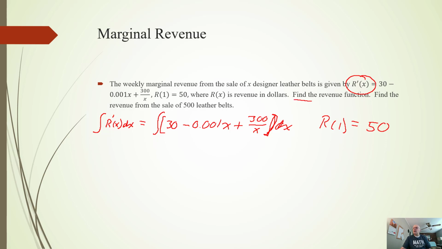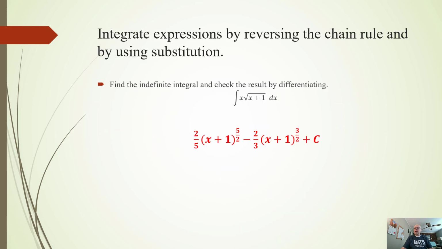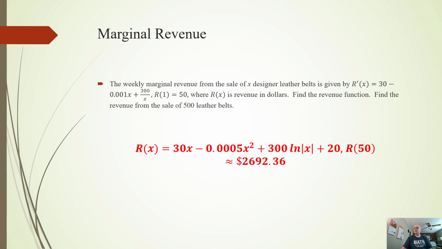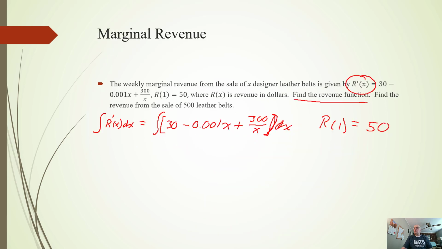We want to find the revenue function. If you look back here on some of these other ones, we always had that constant of integration, and we didn't know what it was. But with this information right here, we're going to actually be able to find out what the revenue function is, and not just some function plus c.